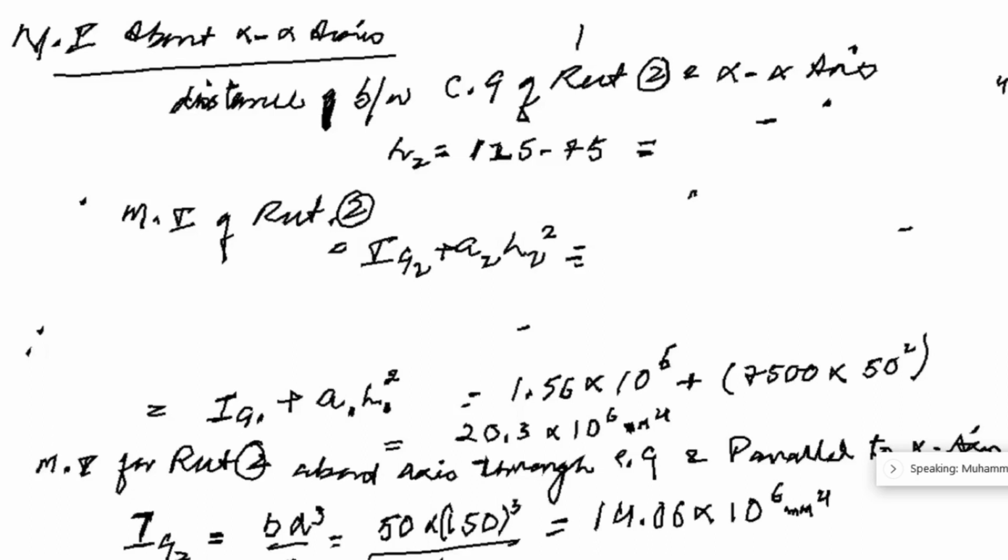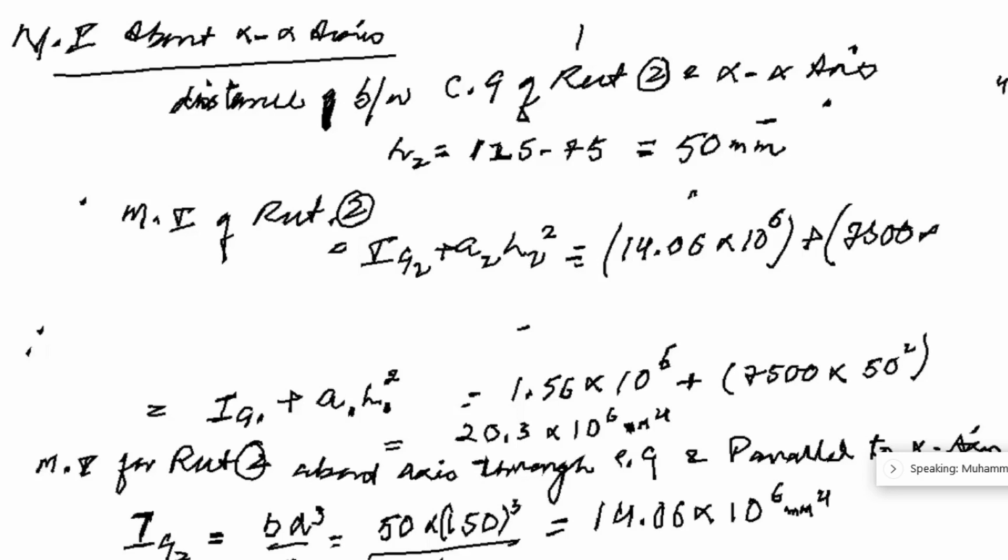This comes out to be 14.06 into 10 raised to the power of 6 plus 75 area 100 multiplied by 50 square, that comes out to be 32.81 into 10 raised to the power of 6 mm4.